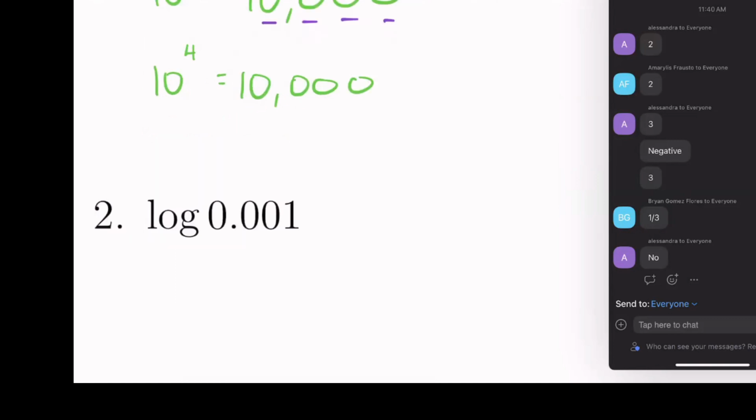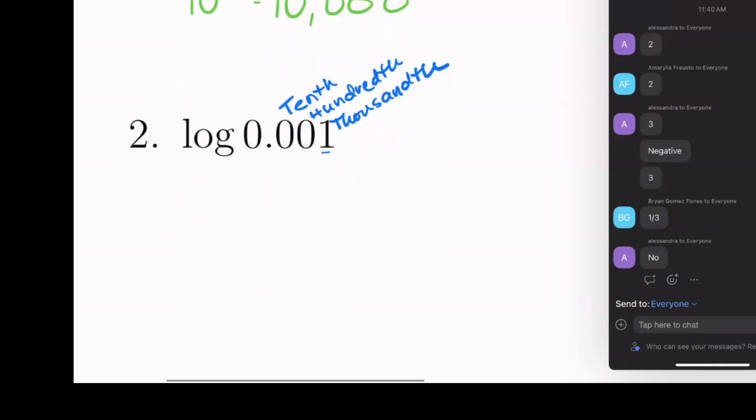With number 2, log of 0.001. Just a reminder that the 1 is in the thousandth place.